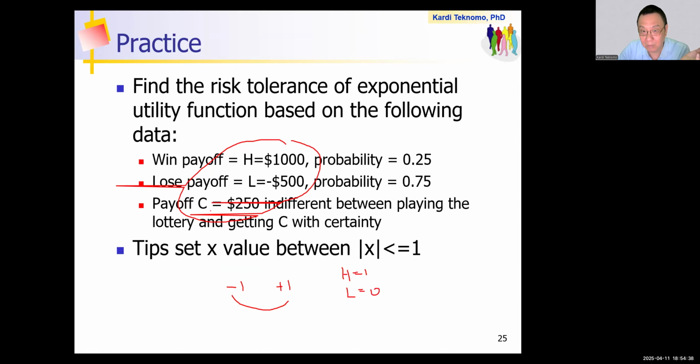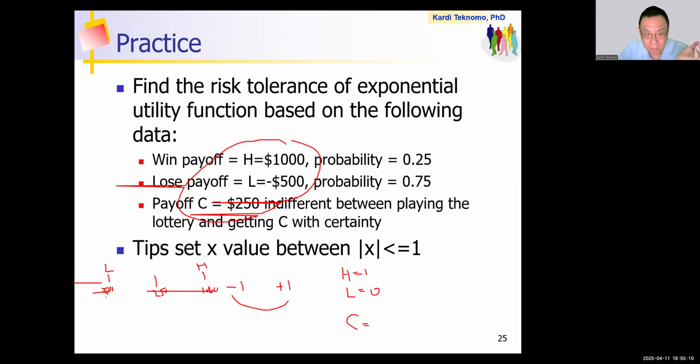Then how much is the C? If you have -500, and then C is 250, and then you have 1,000, this is your H, right? And this is L. So can you see this is negative?